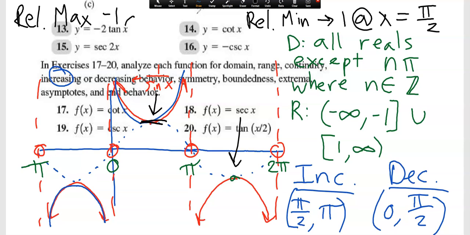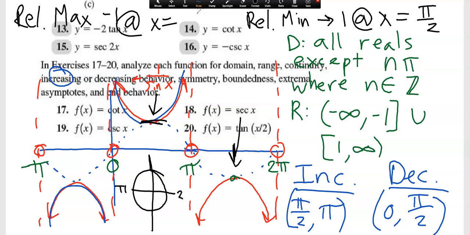We got -1 at x equals, what's that x value? Halfway between pi and 2 pi. You could even think about it on a circle. It's halfway between pi and 2 pi. 3 pi over 2, yes.